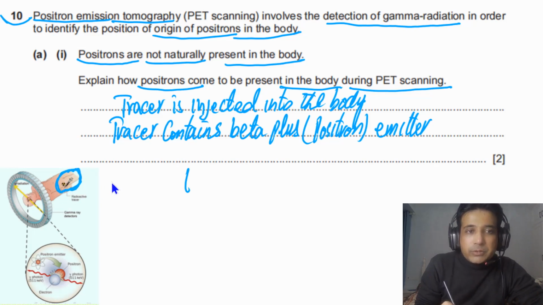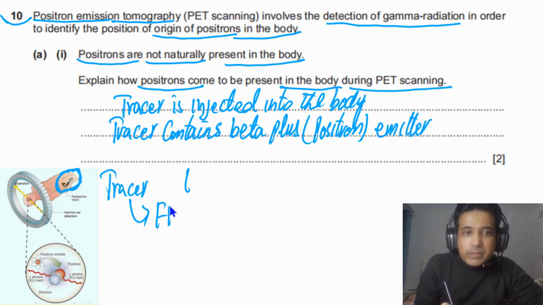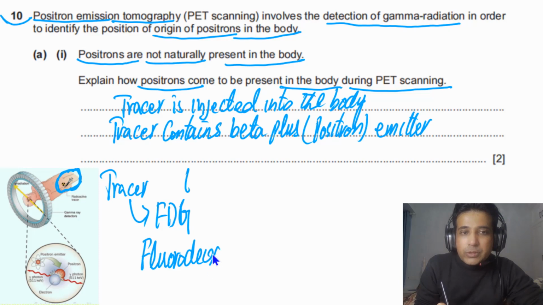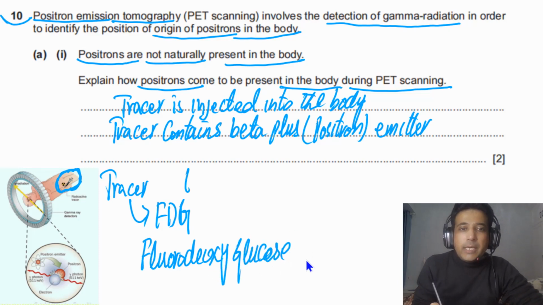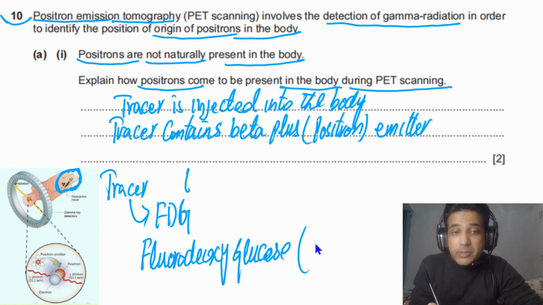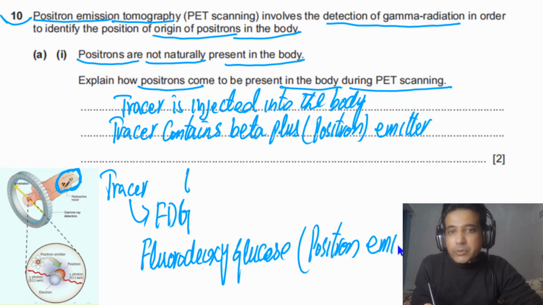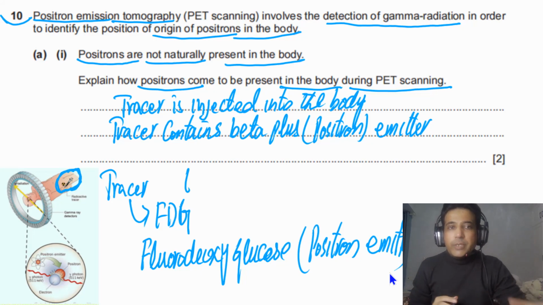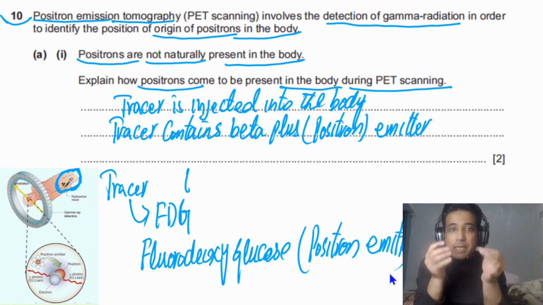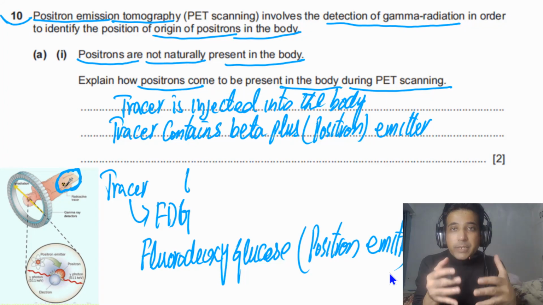The tracer we use for PET is FDG, fluorodeoxyglucose, and this one is a beta plus emitter, or we can say a positron emitter, and this is injected into the body of the patient. So simply you need to write down that the tracer is injected into the body of the patient, and the tracer is a beta plus emitter, or you can say a positron emitter.